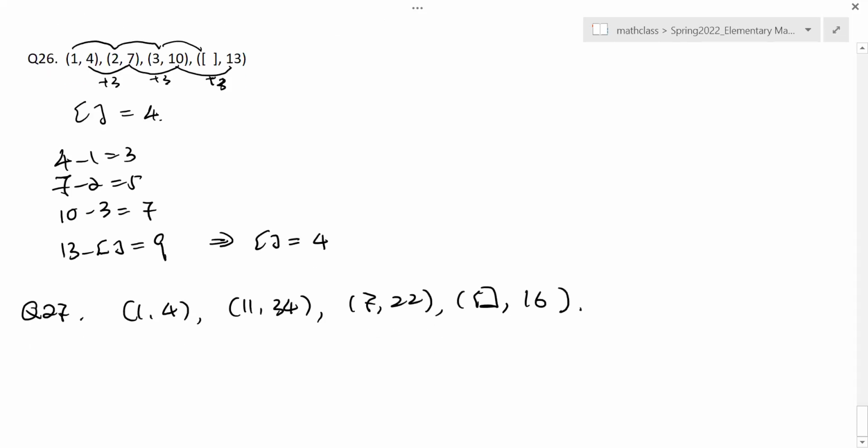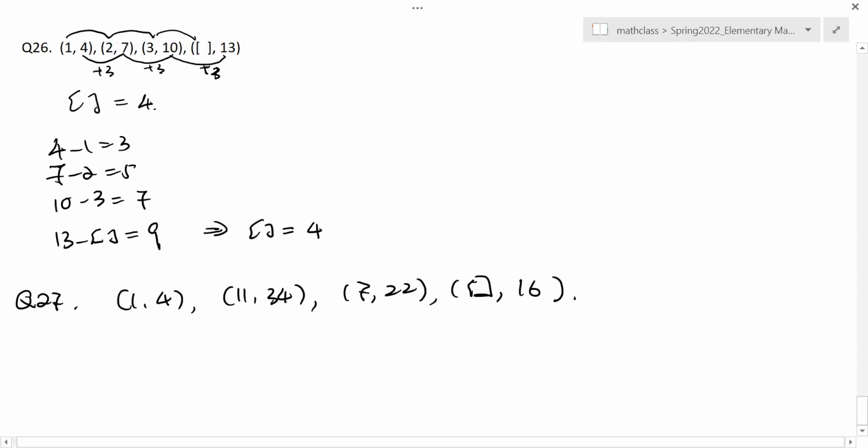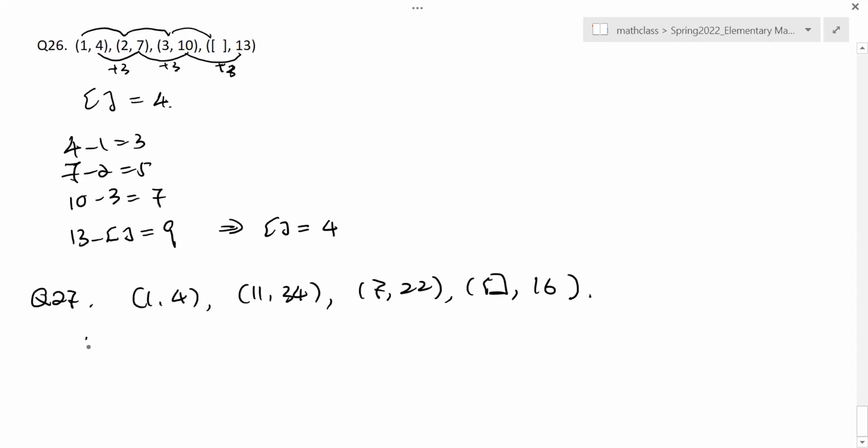Now, if you want to take the difference, you don't see any patterns here. 4 minus 1 equals 3. 34 minus 11 is 23. And 22 minus 7 is 15. So this is not working.